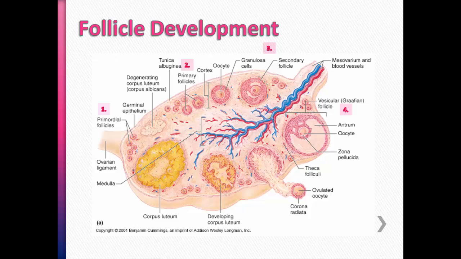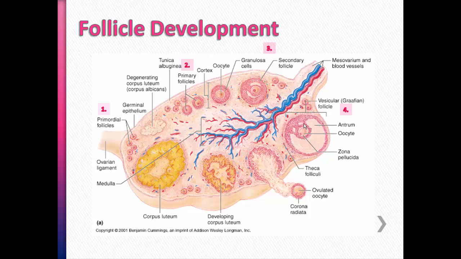The next stage in follicle development is the vesicular follicle or mature follicle. You can identify a mature follicle by the presence of the antrum, that is the fluid-filled cavity here, and the oocyte being surrounded by granulosa cells and sitting on kind of a stalk-like structure of those granulosa cells. Remember that the oocyte at this point is a secondary oocyte.